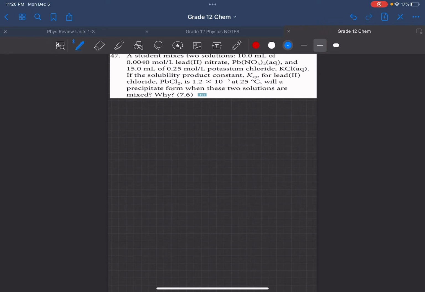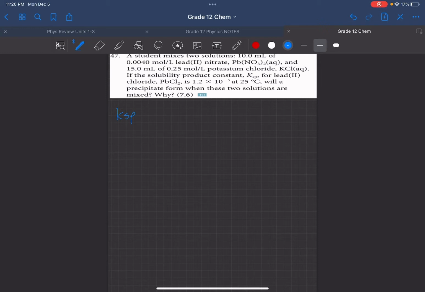So first thing I'll talk about is KSP. What is KSP? So KSP, that is our solubility product constant. Why is it called the solubility product constant? Like if you remember from your previous lesson, right? We worked with K, and K was a ratio of products over reactants.